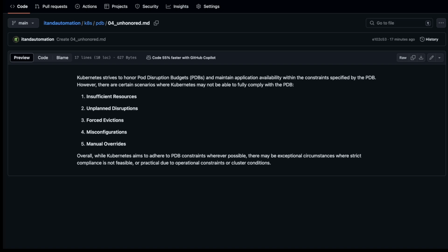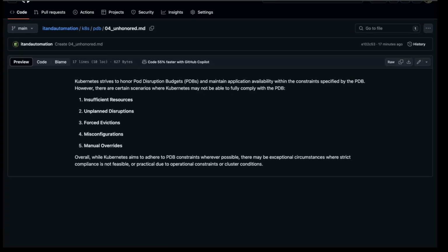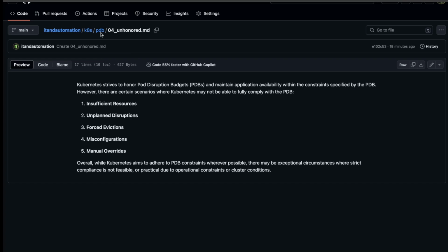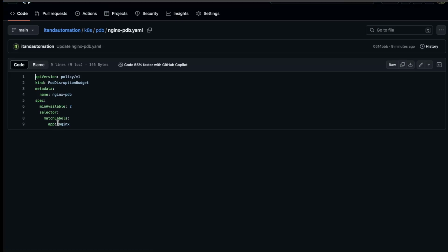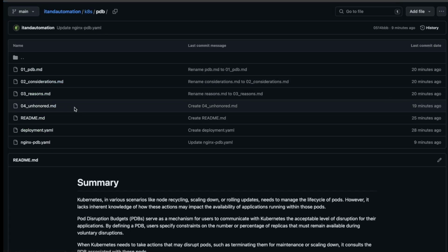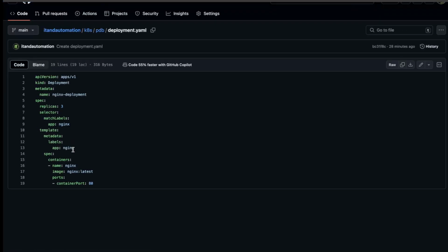Misconfiguration can cause the problem as well. If the selectors are wrong, the selectors that we looked at in this example here, say the app name is different from the app name mentioned on the deployment, and you think that your PDB is set, but it doesn't actually link, that could be one problem too.